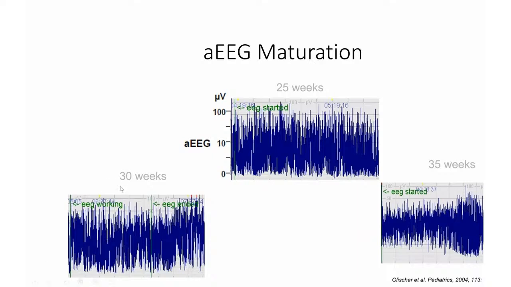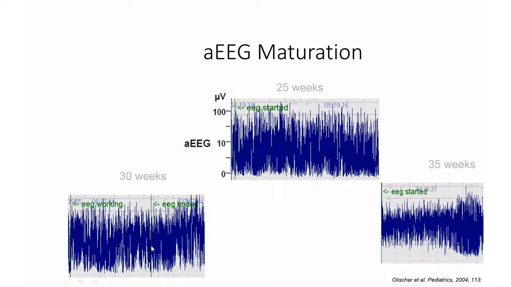So we can see at 25 weeks, if we look at our aEEG scale, here's our 0, 5, 10, and 100, we know that lower margin is going to be less than 5. And anytime the lower margin is less than 5, that's considered a discontinuous pattern. So we've got that lower margin less than 5, that upper margin greater than 10.